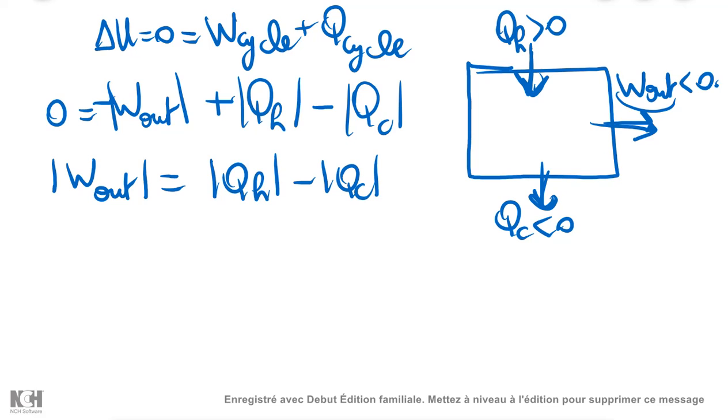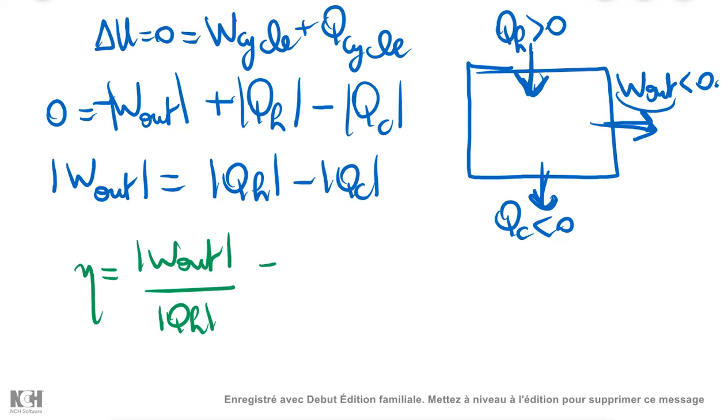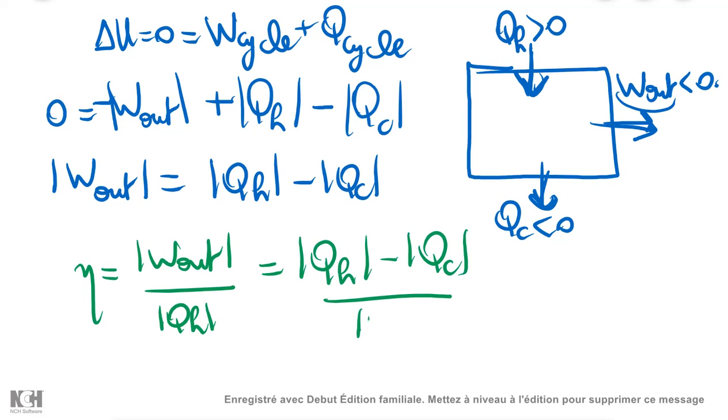And once I have that, I can come back to the definition of eta, efficiency, which was W out over QH. And all I need to do now is to replace W out by its expression. And here we go, we have the work, and then we have the efficiency of our thermal machine that is in this expression.